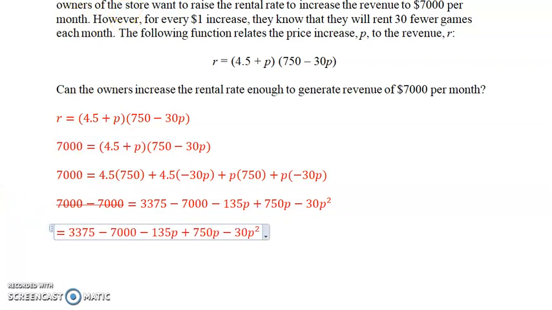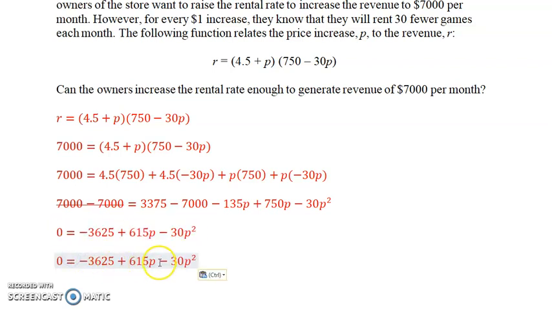We want to get one side equal to 0. Subtract these, we get negative 36.5. Add these together and we get 615p. And there we are. And if you want to put them in descending order, so the exponents are in the right place, that's fine with me.